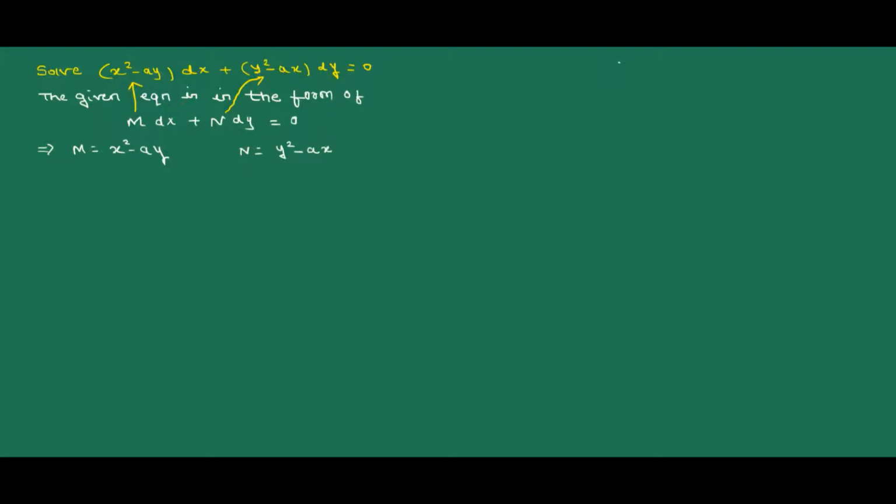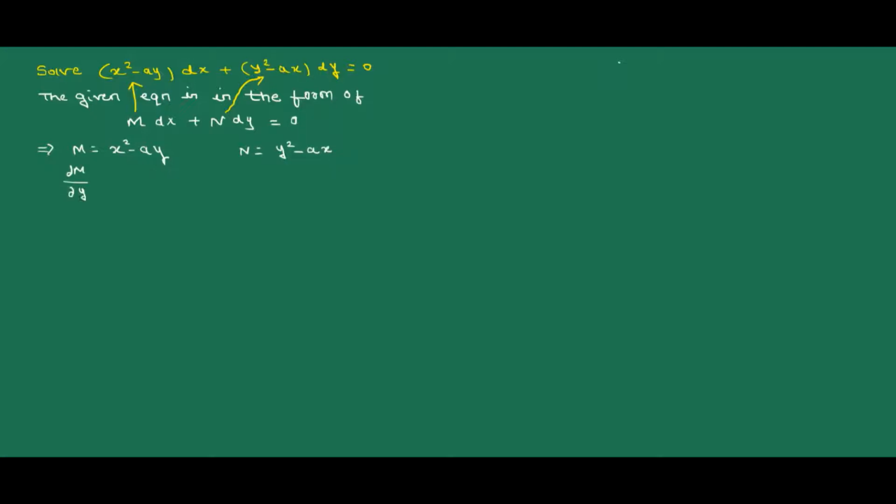Now first we have to check whether the given differential equation is exact or not. To check the exactness, we have the condition dou M by dou y is equal to dou N by dou x. So first find dou M divided by dou y. What do you mean by dou M by dou y?